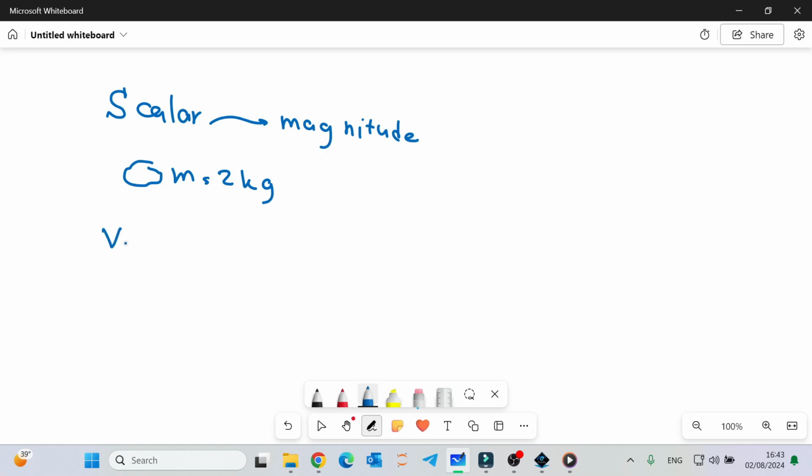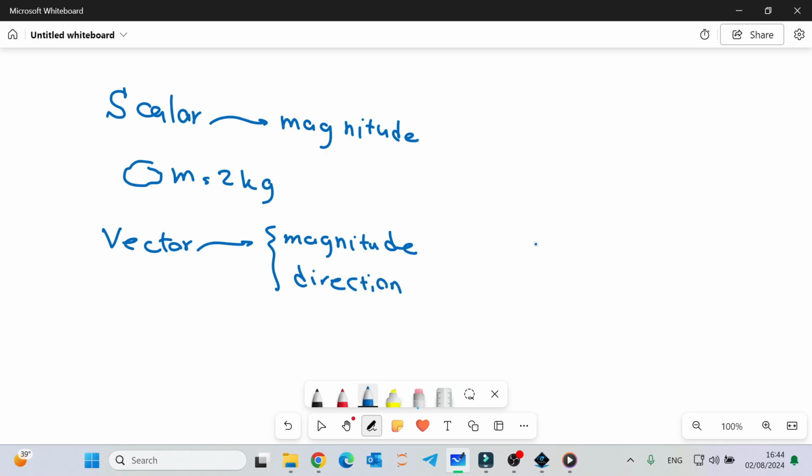But a vector actually has two parameters, a magnitude and also a direction.